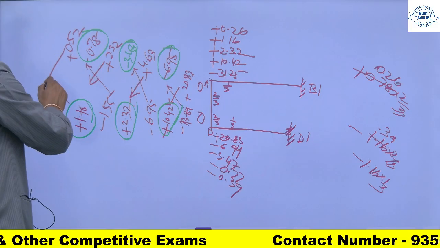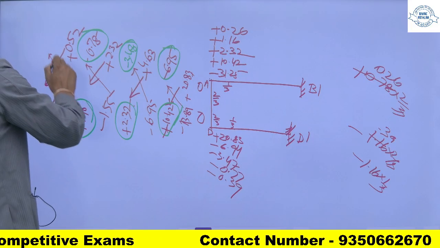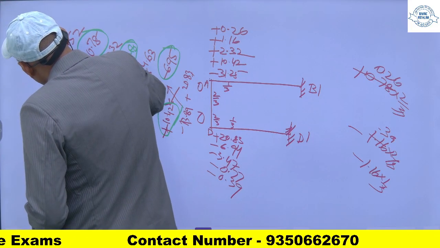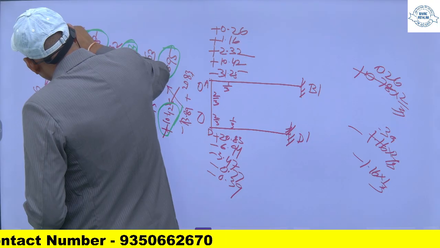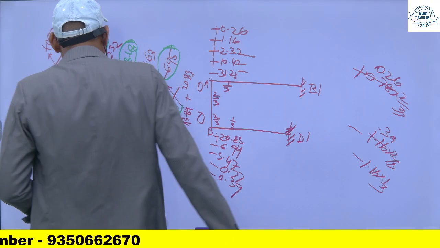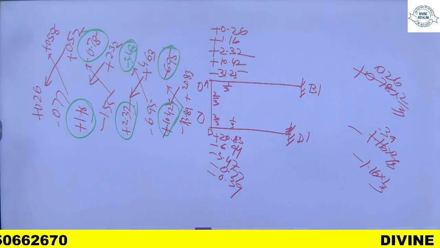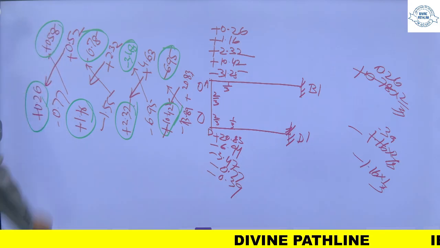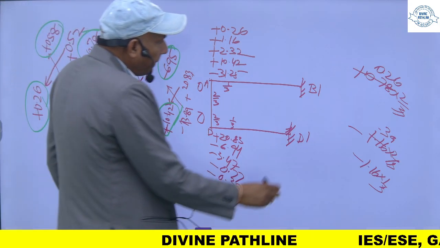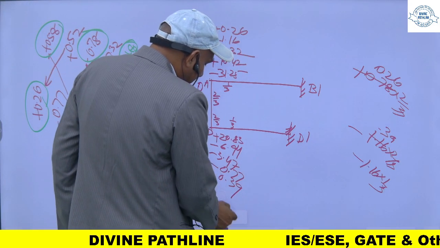Now half of this will come here, half of this will come here. This will be plus 0.26 and this will be plus 0.58. Now this moment is extra, so this will be distributed in the same way.